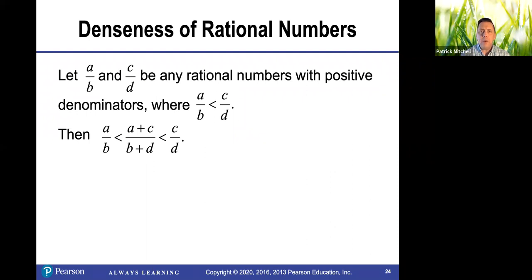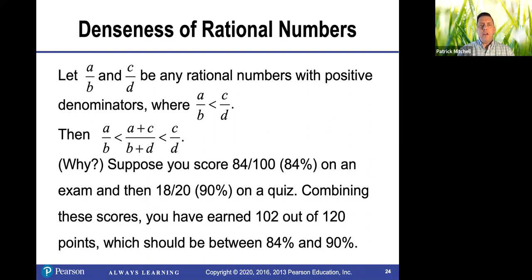I wanted to give you a scenario that would help you understand why that works. Suppose you're taking a class where you take an exam and you score 84 out of 100 points, which is 84%. And then a couple weeks later, you take a quiz and you score 18 out of 20 points, which is 90%. Now, if this class is using a points system, then between those two assignments, you've earned 84 plus 18, which is 102 points out of a possible 120.